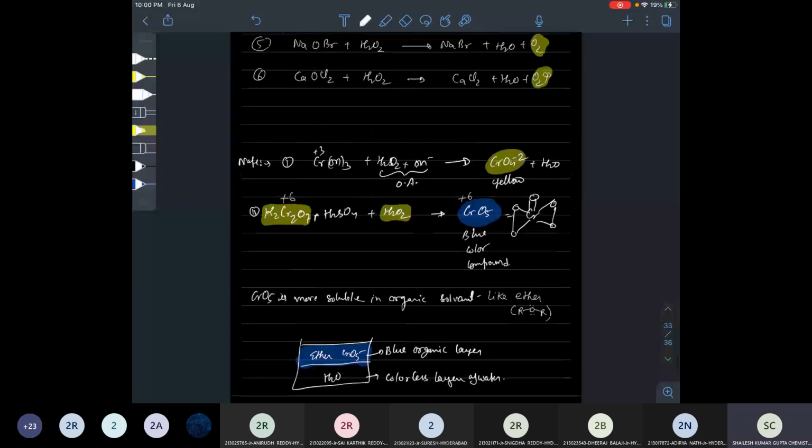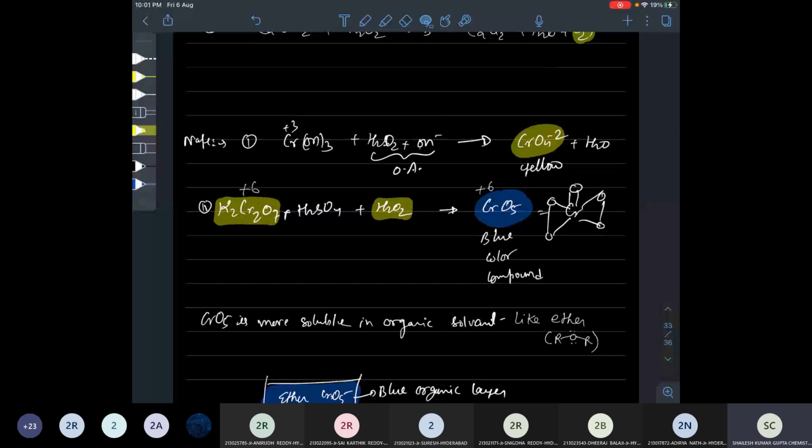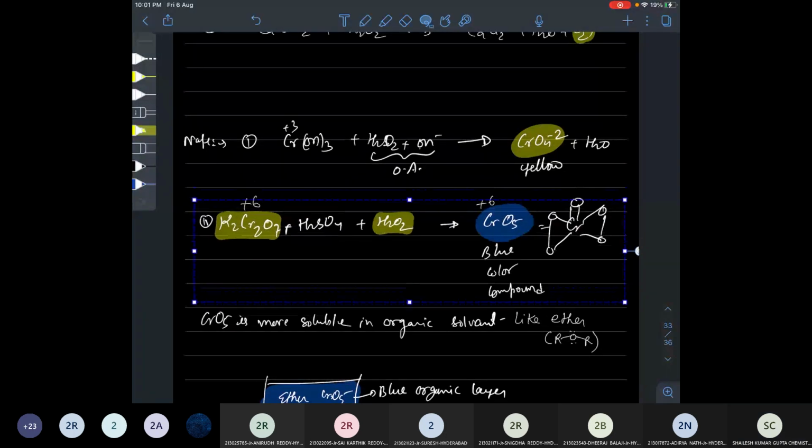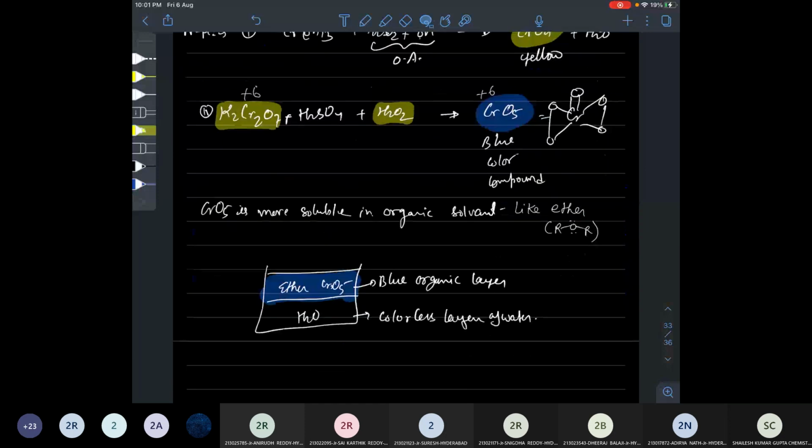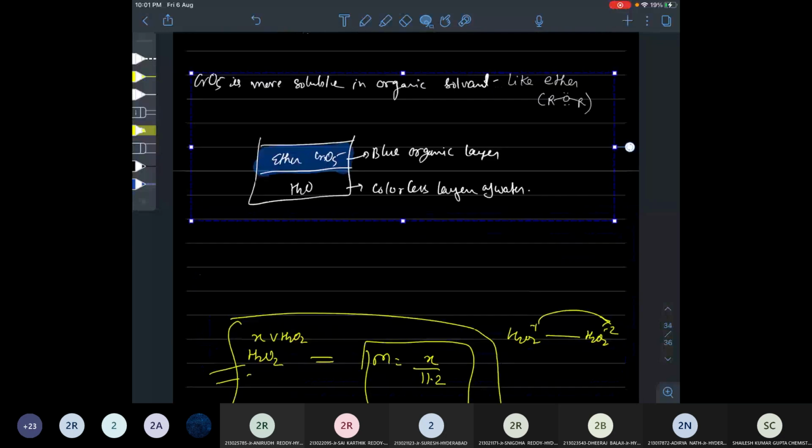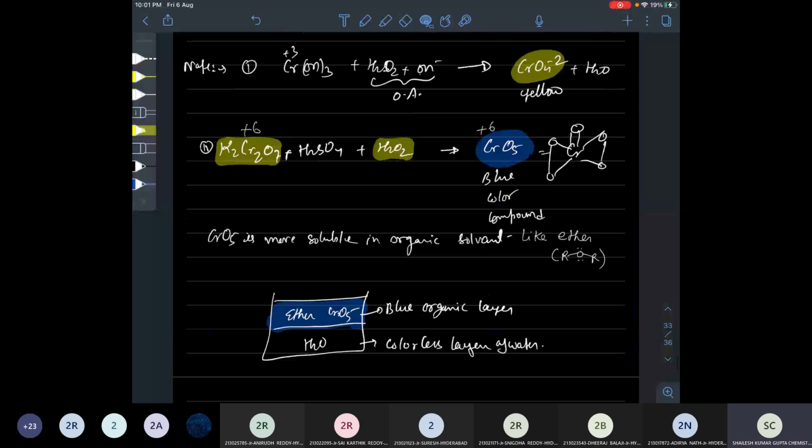So the first reaction is a redox reaction, whereas the second one is not. The first reaction is a redox reaction. But not very stable, right?